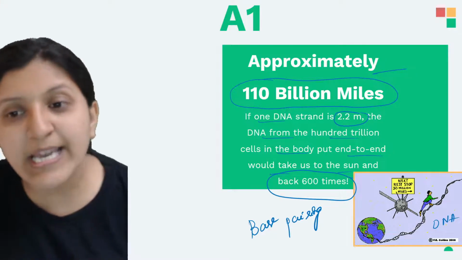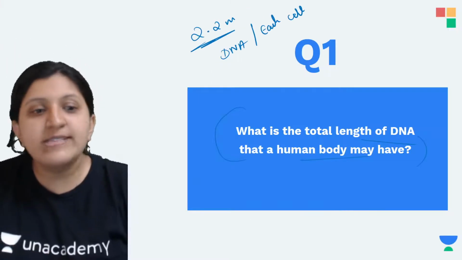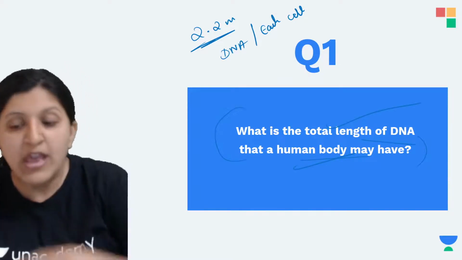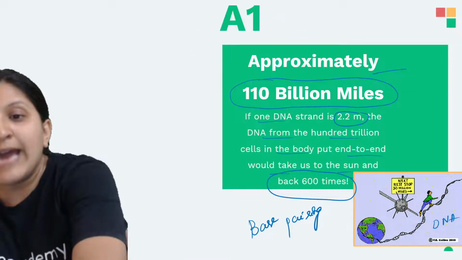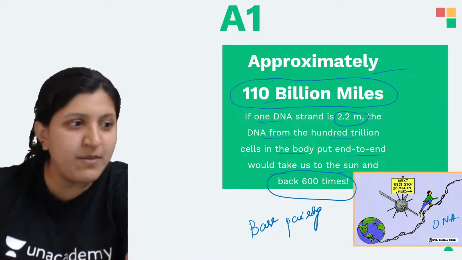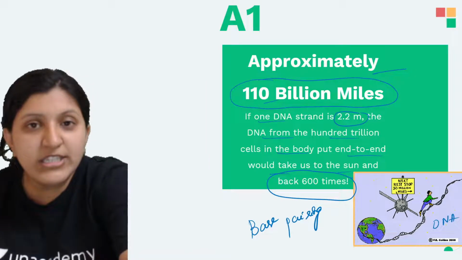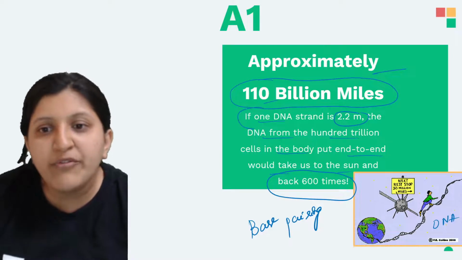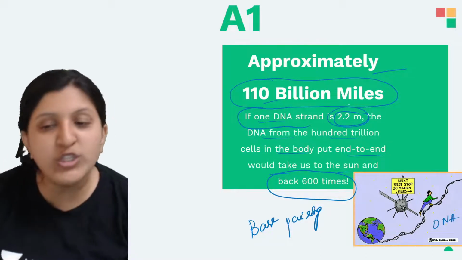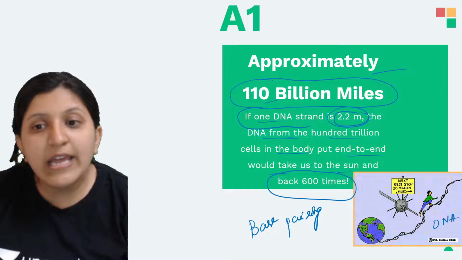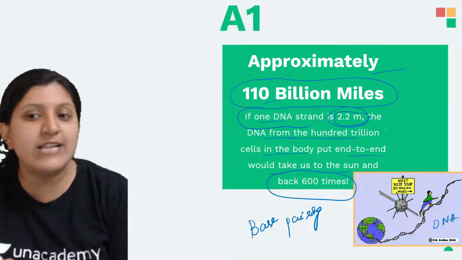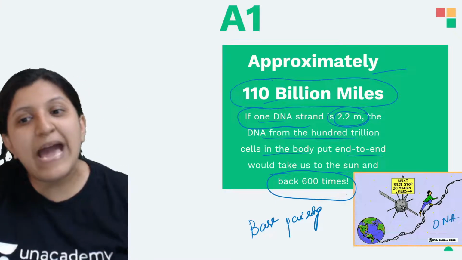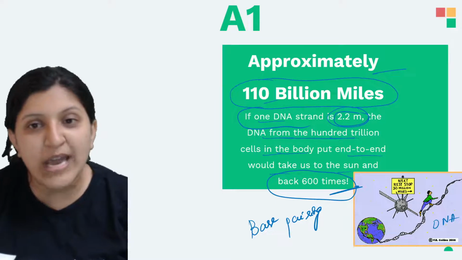So the question is, what is the total length of DNA that a human body may have? Approximately 110 billion miles. If we join the DNA strands from each and every cell, each about 2.2 meters, the DNA from the 100 trillion cells put end to end would take us to the sun and back about 600 times, not just one or two times.